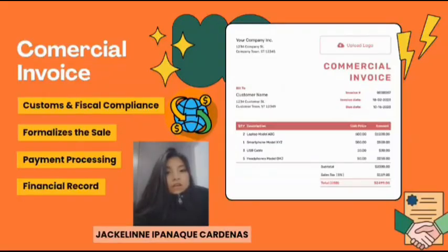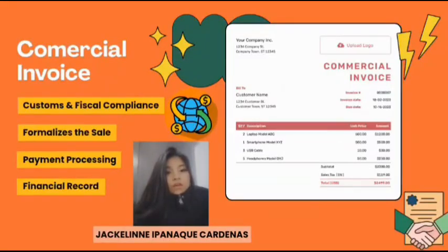Terms of the sale. It establishes the terms of the sale, Incoterm, price, currency, and payment terms, which are crucial for defining financial and logistic responsibilities between the buyer and seller. Payment processing.